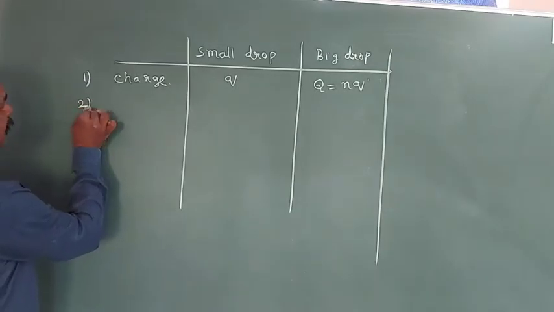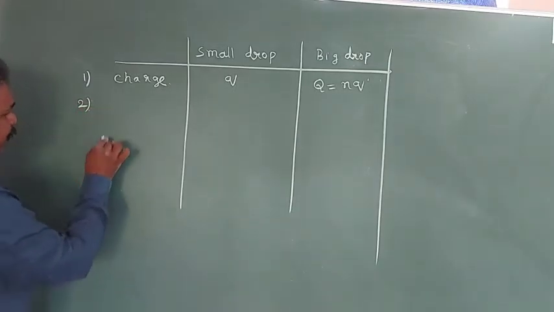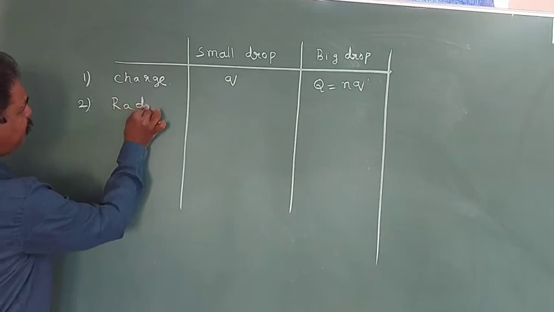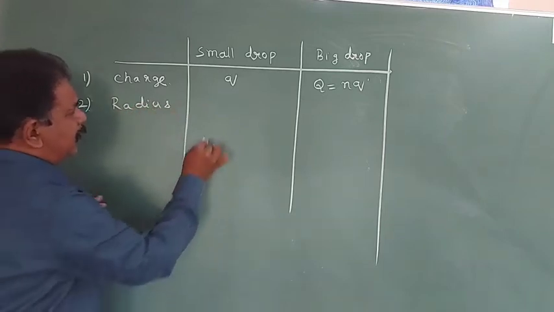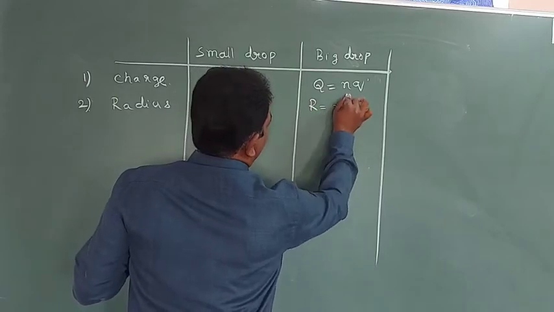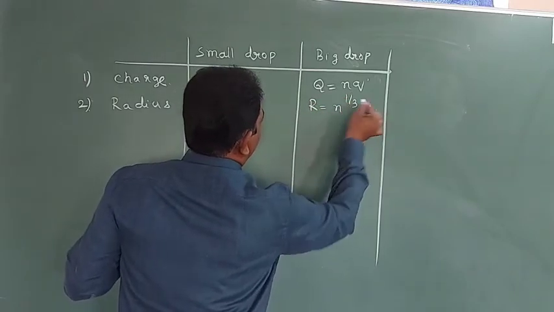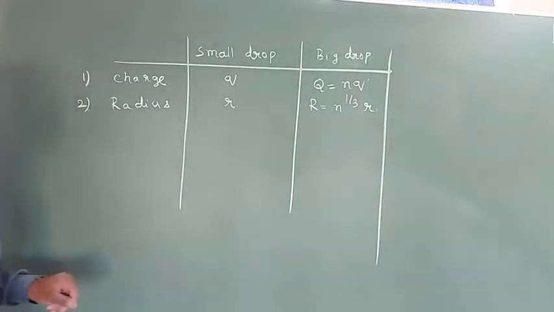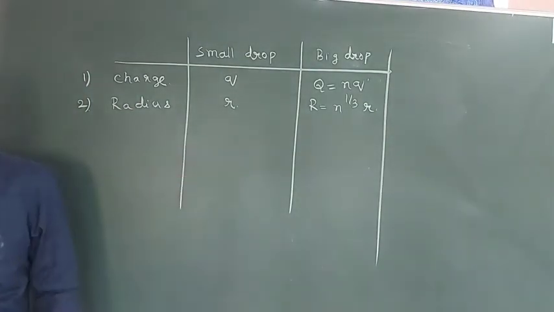Next, second one will be radius. Small drop radius is small r, big drop radius is capital R, n power 1 by 3 into small r. Okay, that is the relation between them.